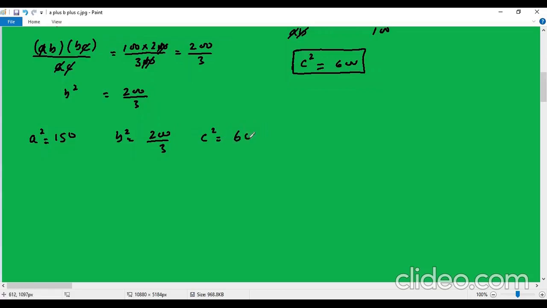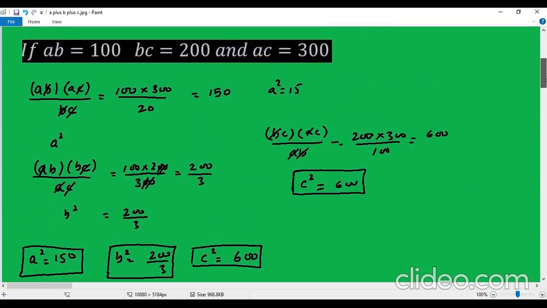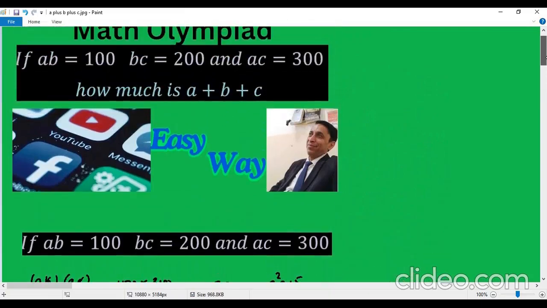So these are the three values that are going to help us in finding the value of A plus B plus C. Remember, so far what we have found is the value of A square, B square and C square, but we don't need this. We need the value of A plus B plus C. Let's see.